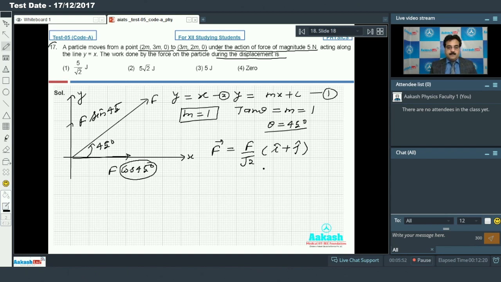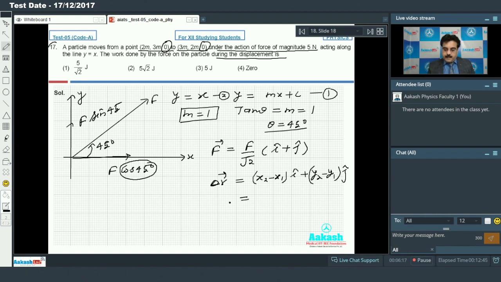Second, for the calculation of work, I need the displacement delta r. Displacement is calculated by x2 minus x1 i cap plus y2 minus y1 j cap. I am not interested in the z axis because the z coordinates are 0 and 0.